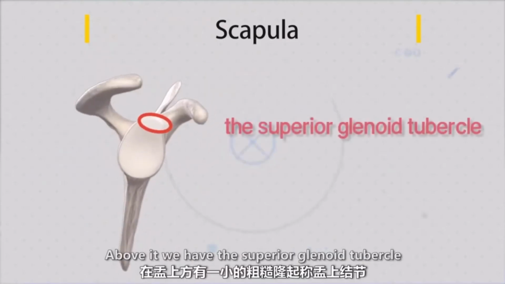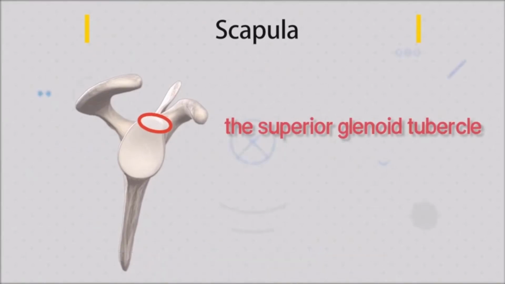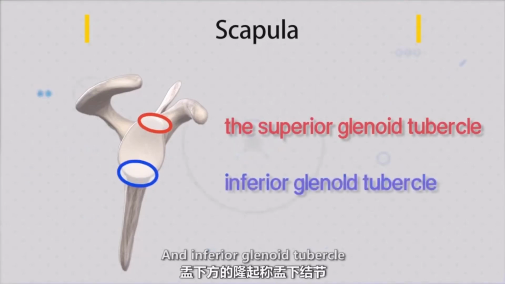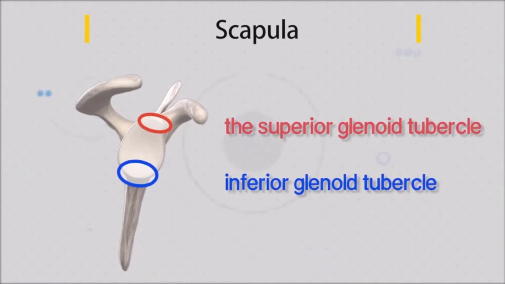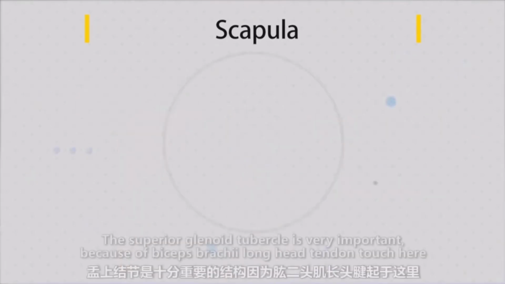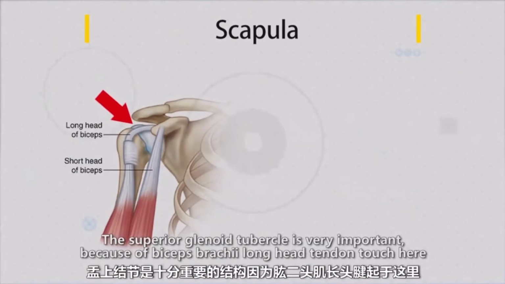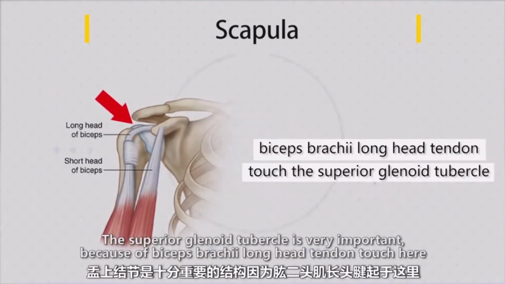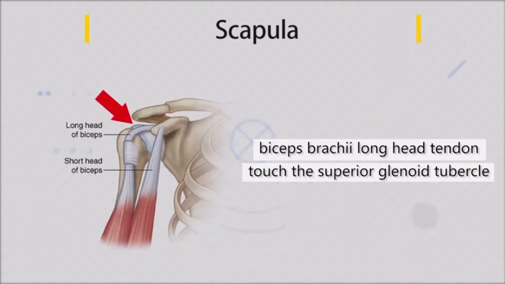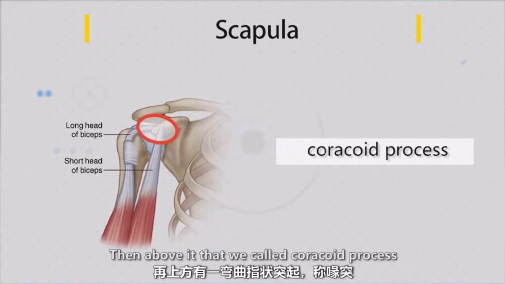Above we have the supraglenoid tubercle and below the infraglenoid tubercle. The supraglenoid tubercle is very important because the long tendon of the biceps attaches here. Then above it, we have the glenoid labrum.